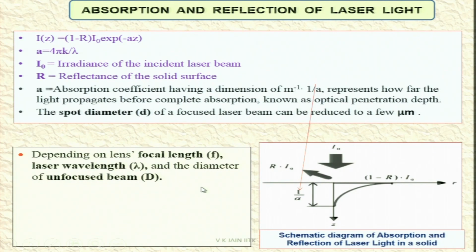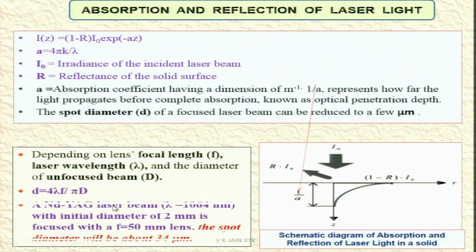Depending on the lens's focal length, laser wavelength, and the diameter of the unfocused beam, D = 4λf/(πd). Now an Nd:YAG laser beam, λ = 1064 nanometer, which we have already seen, with an initial diameter of 2 millimeter, is focused with an f = 50 millimeter lens. The spot diameter will be about 34 micrometer. So that is how some calculations have been done, and you can get a 34 micrometer spot diameter.